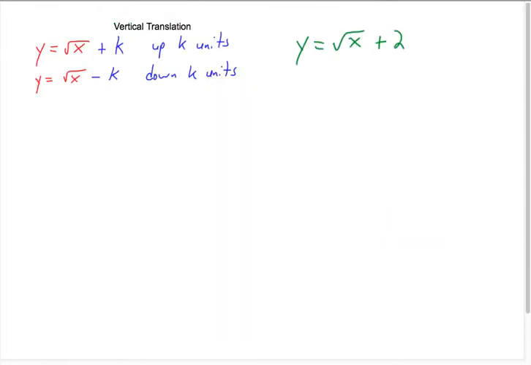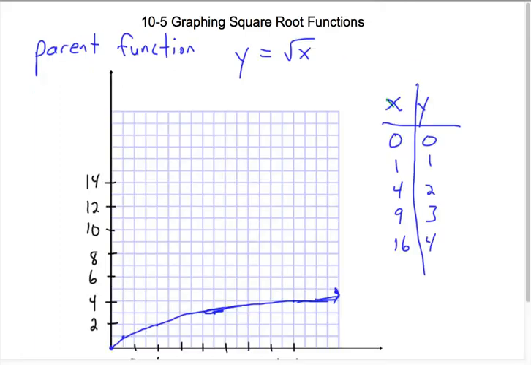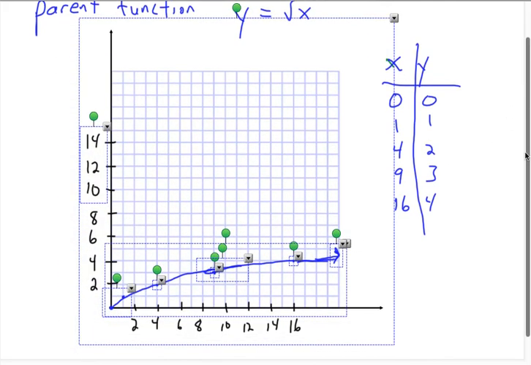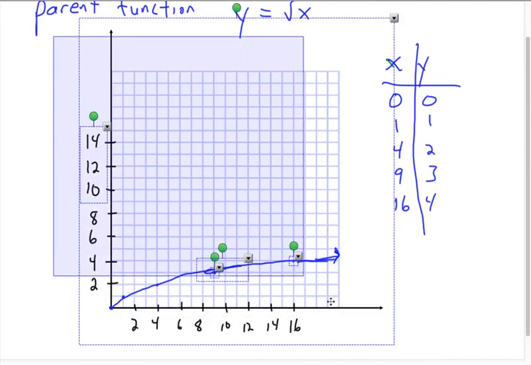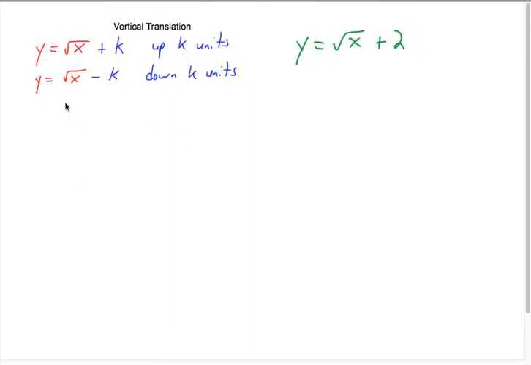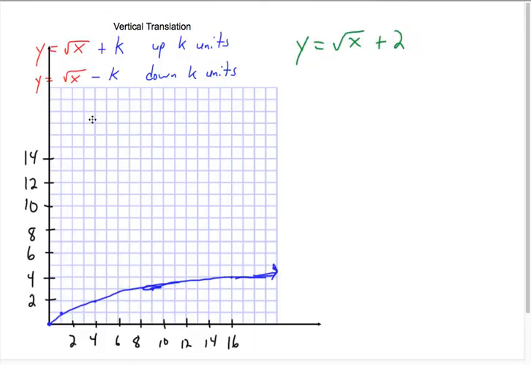Now, just like any other parent function, we can move the graph up and down. So I'm going to go ahead and copy this graph so we can make some adjustments to it. Oops, let's bring that down. Let's try that again. We're going to copy that, bring it over to here, and paste it.